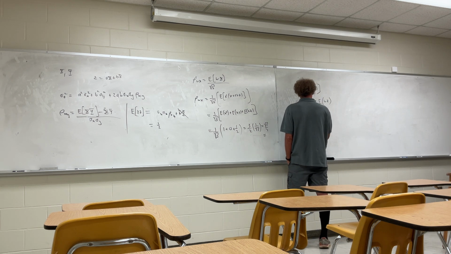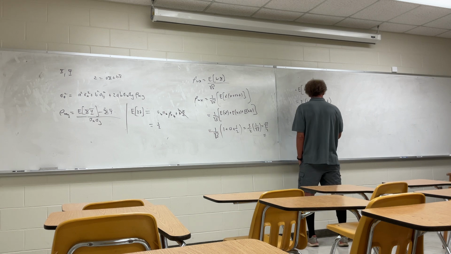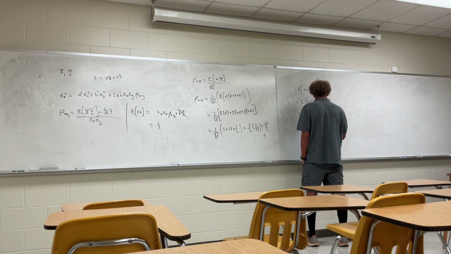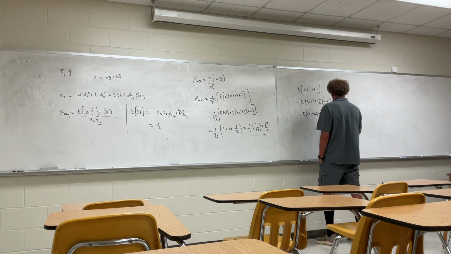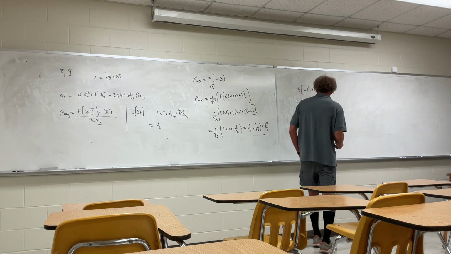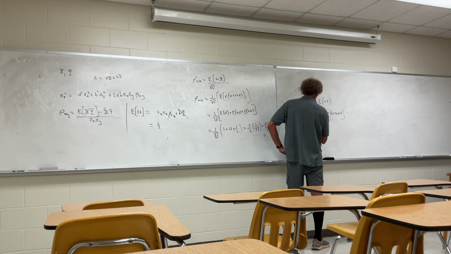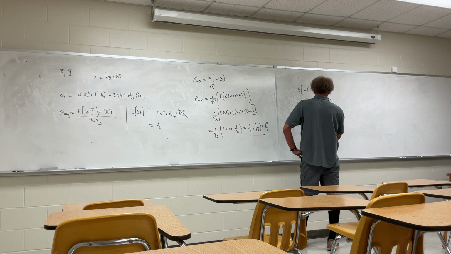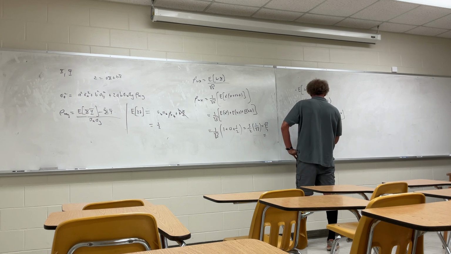Let's see what this is going to look like. That's the expected value of X plus Y plus Z times Y plus the expected value of X plus Y plus Z times Z. Is this how you did it, Jacob? Yes.